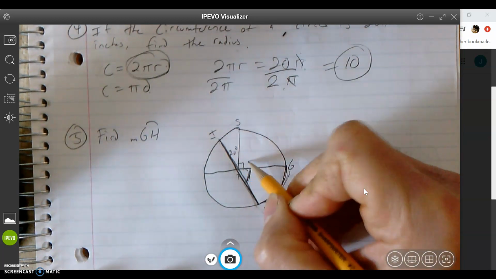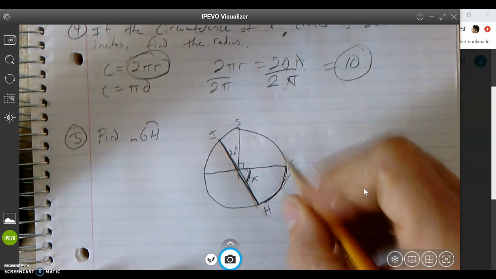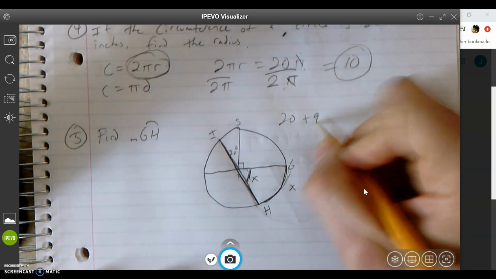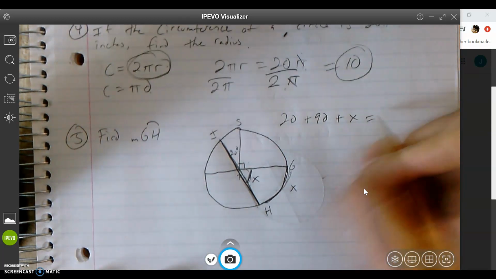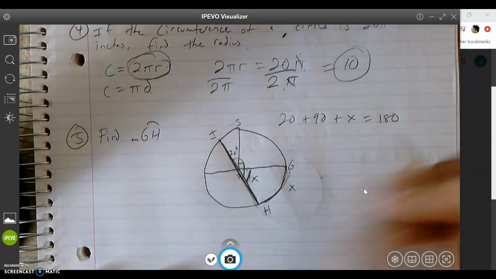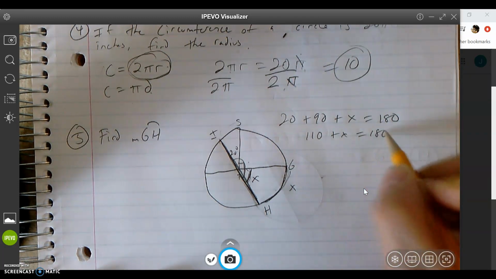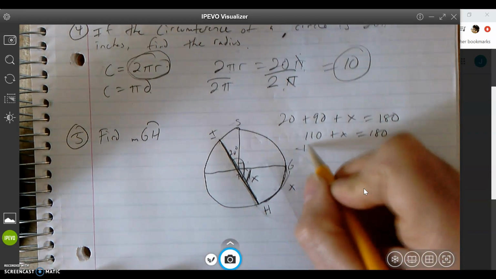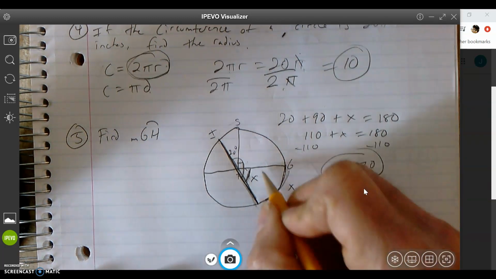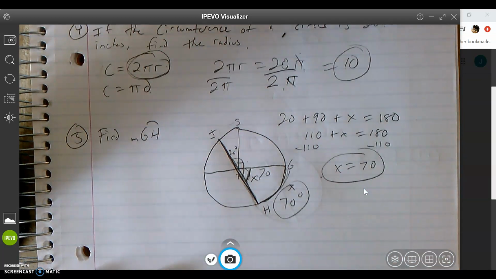So 20 plus 90 plus X, because this is X also, because they're the same thing, equals the straight line, which is 180. So that's 110 plus X equals 180. Subtract 110 from both sides, X equals 70. So 70 is the central angle and 70 is also the arc GH.